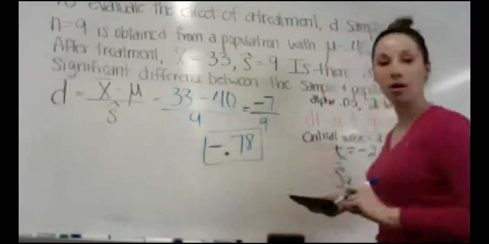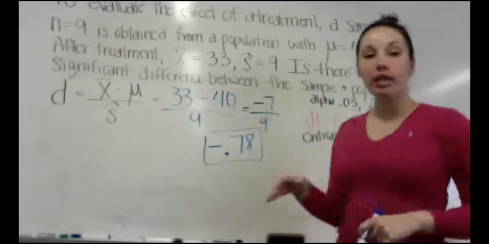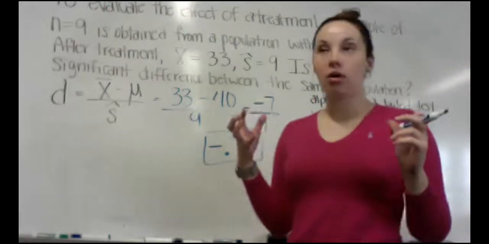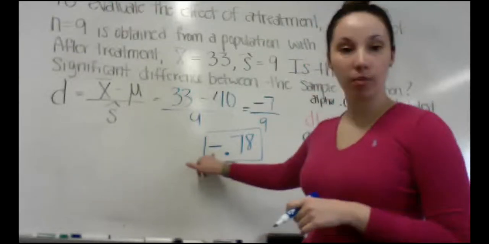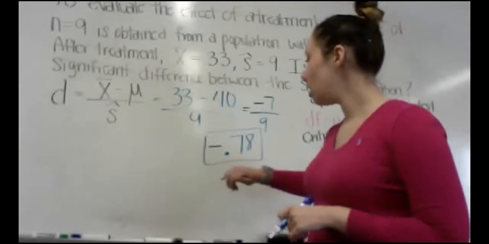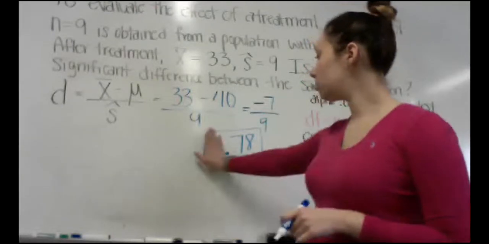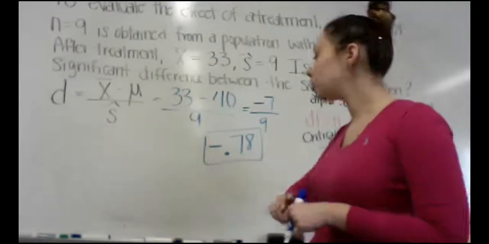A couple notes about effect size and Cohen's d. Cohen's d is a measure of effect size that works off of absolute values. So regardless of whether you have a negative or positive number, you're still looking at your numbers here. If you cover up the negative sign, we've got a Cohen's d value of 0.78.